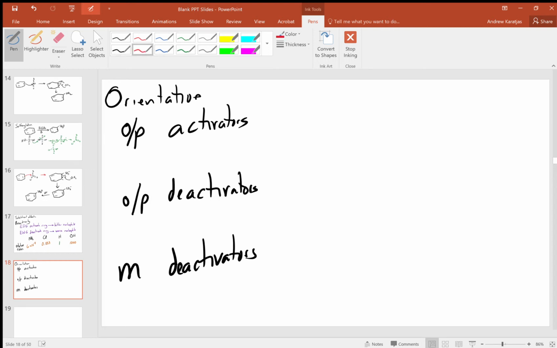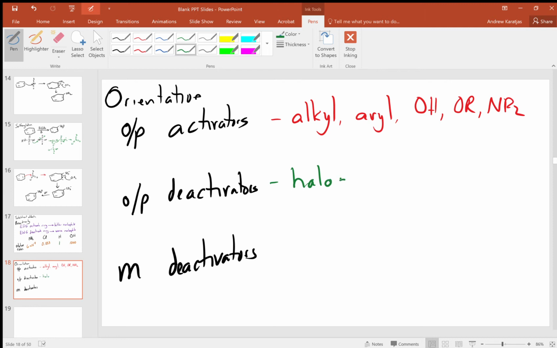So examples of ortho-para activators include most carbon groups, but especially alkyl and aryl groups, alcohols, ethers, and amines. The ortho-para deactivators, that's kind of a special category and includes the halogens.